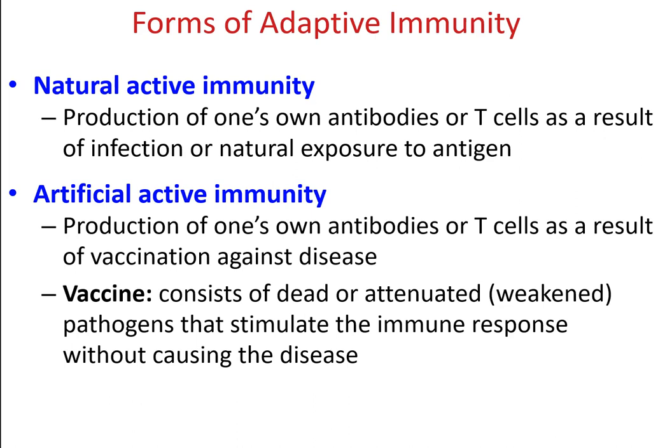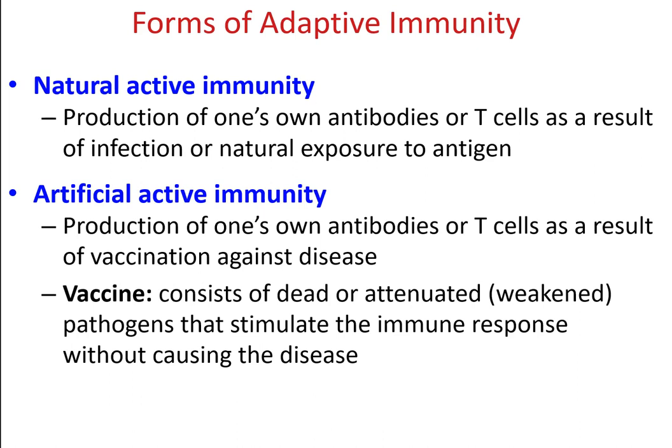But if you are a person who is immune compromised, you should not have an attenuated vaccine, right? It's weakened, but if you're weakened, it could still pose a potential threat. So that's where there's some variation in guidances about different types of vaccines.